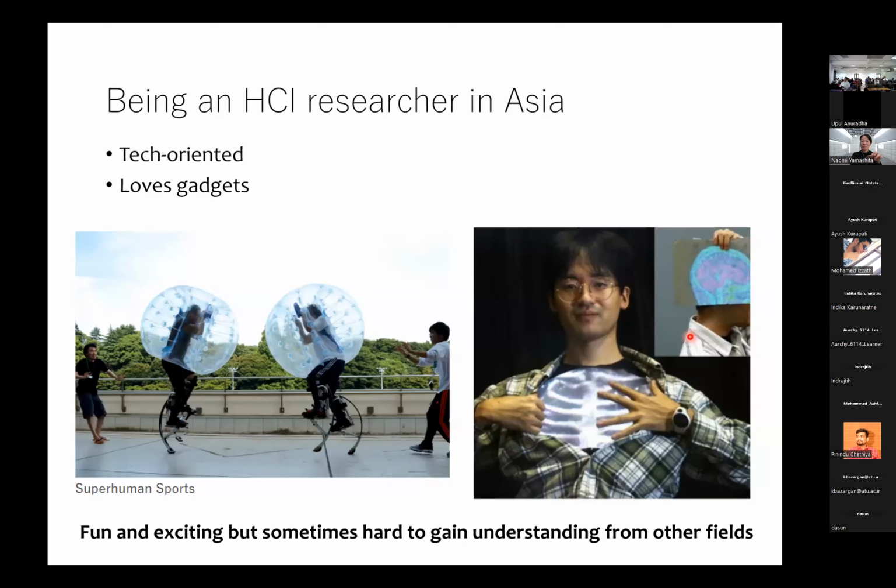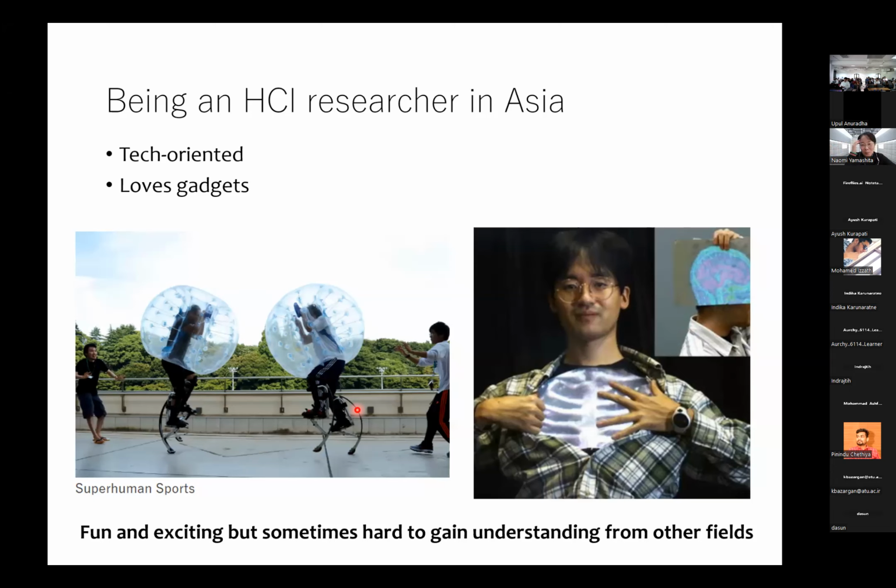Well, being an HCI researcher in Asia, typically in Japan, there are a lot of tech-oriented people who develop, inventing these interesting new sports, using new technologies, and love gadgets.